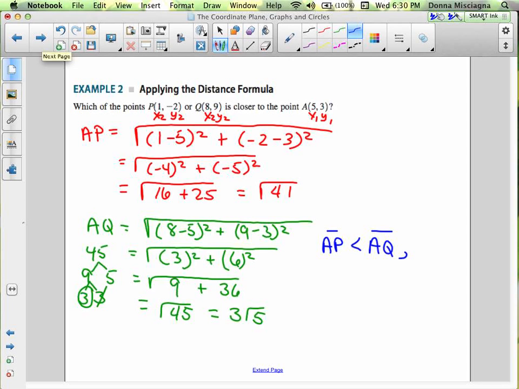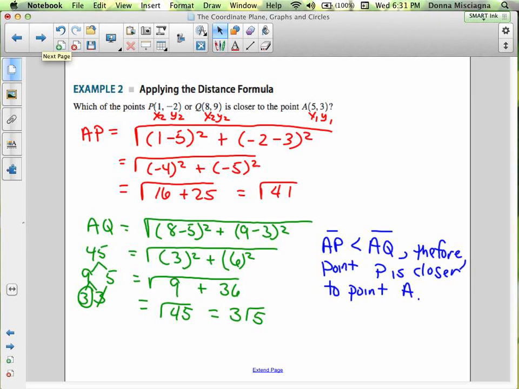Therefore, point P is closer to point A. Since segment AP is shorter than segment AQ, point P has got to be closer to point A than point Q is.